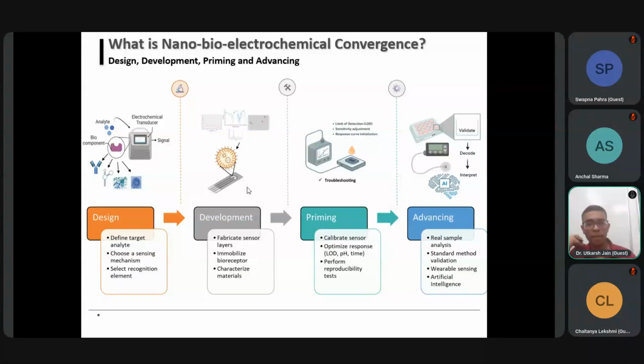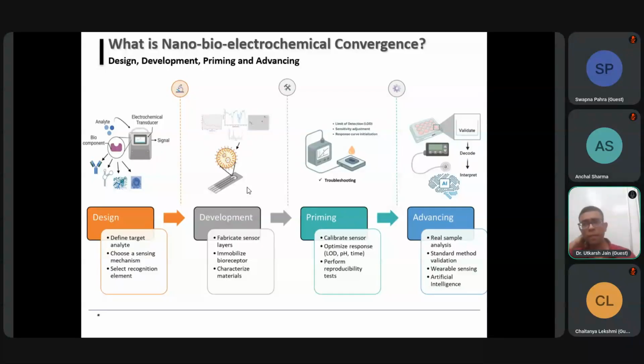Why? Because, say, you have a biomarker which you want to detect, and that biomarker is a trace element or present at very low concentration in the sample.